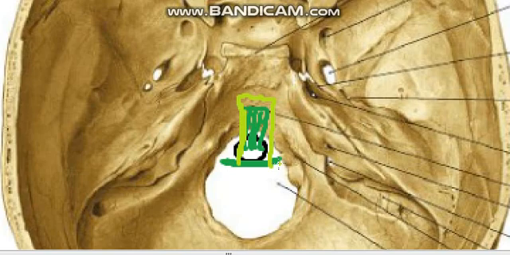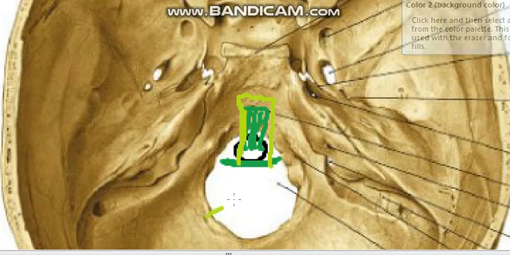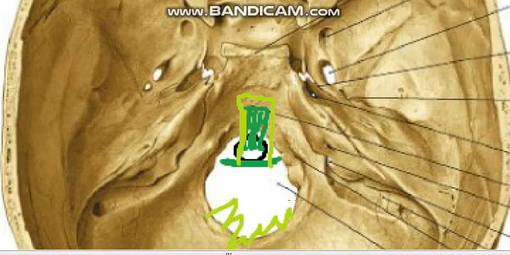But the posterior longitudinal ligament does not form the posterior atlanto-occipital membrane. Rather, the posterior atlanto-occipital membrane that you have over here may be considered to be an upward continuation of the ligamentum flavum rather than the posterior longitudinal ligament.